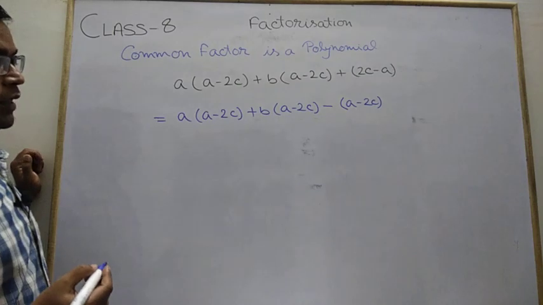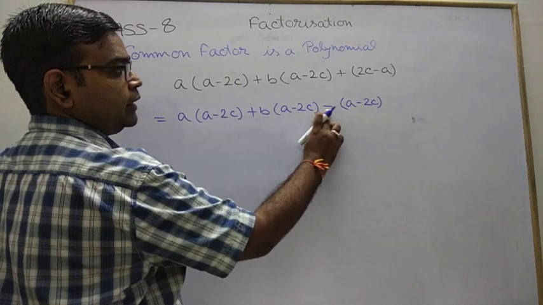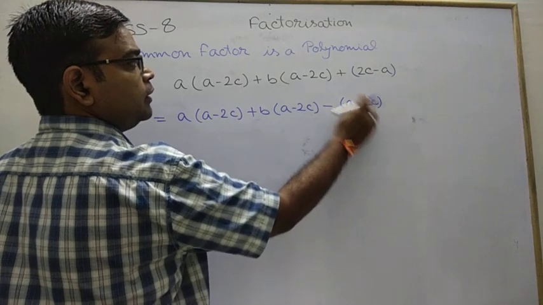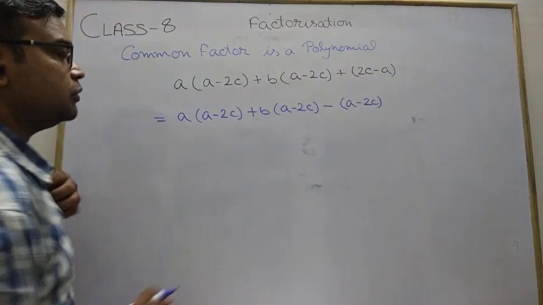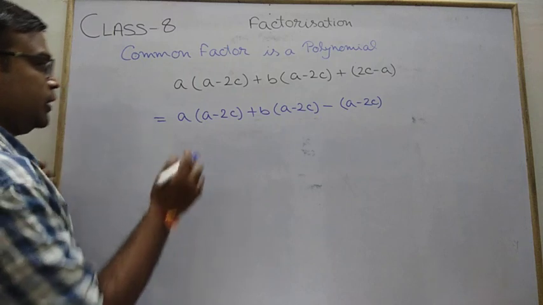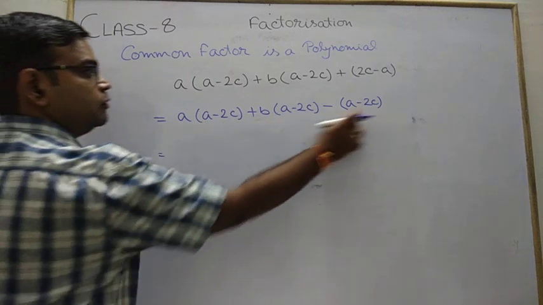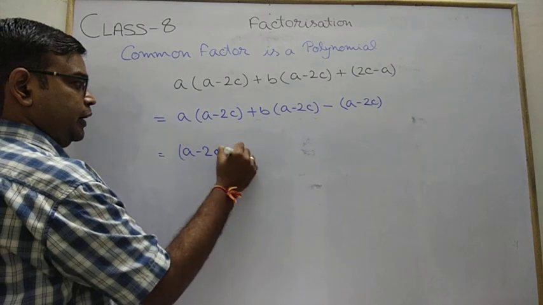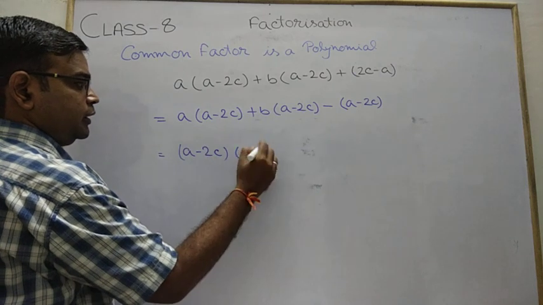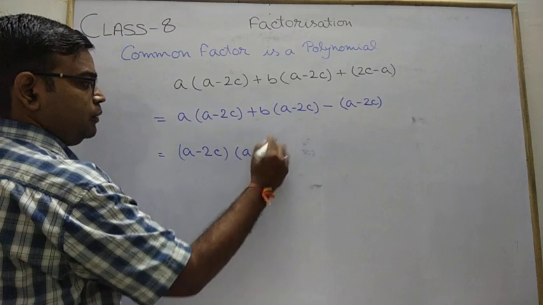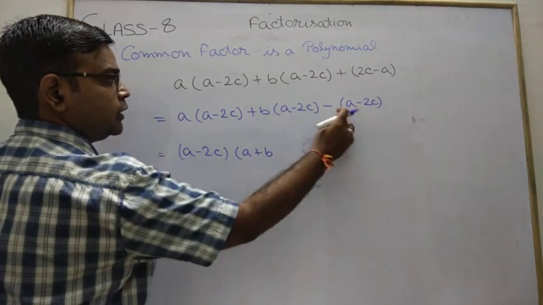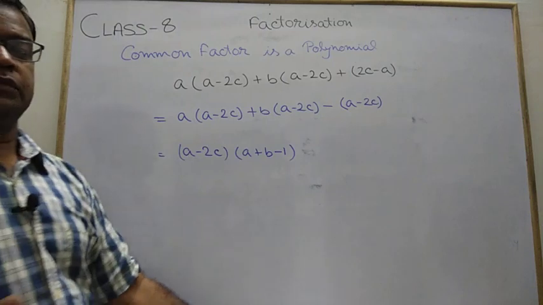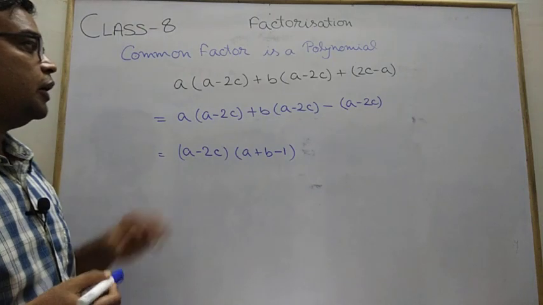If we multiply this minus to this, minus into plus gives minus a, minus into minus gives plus 2c. So I only change the signs. Now we have one polynomial as common, and note down the remaining part: a plus b. Here nothing is left, it means 1 is there. So (a plus b minus 1). Likewise you have to solve.